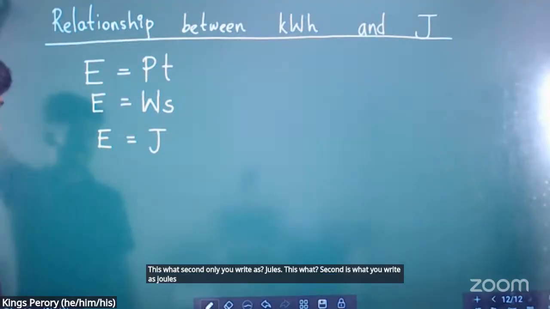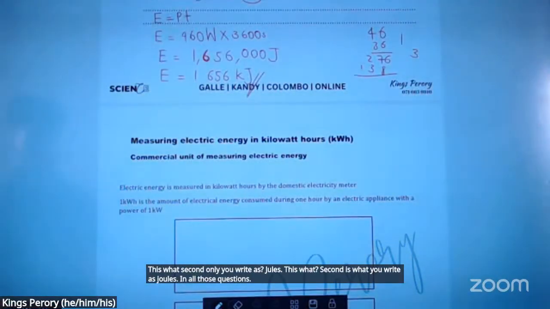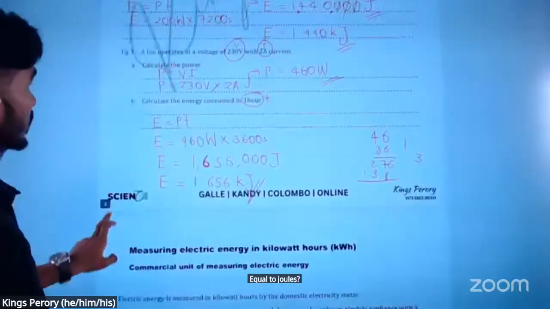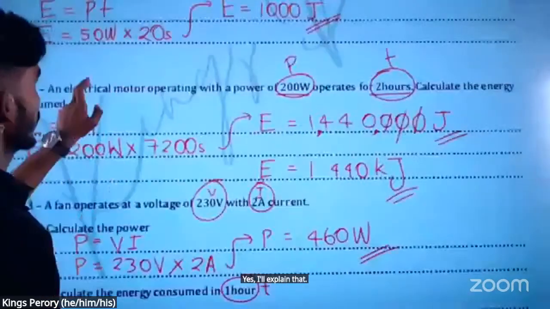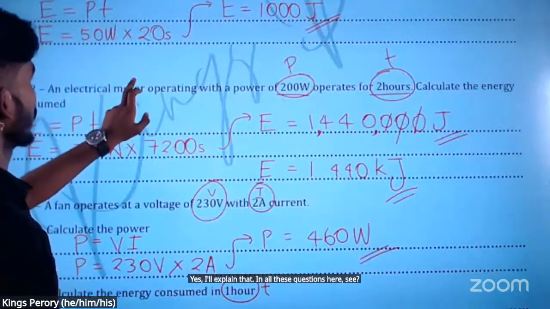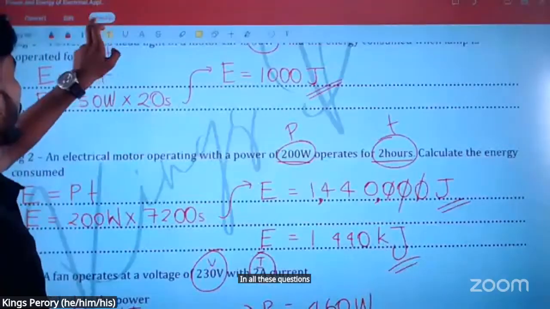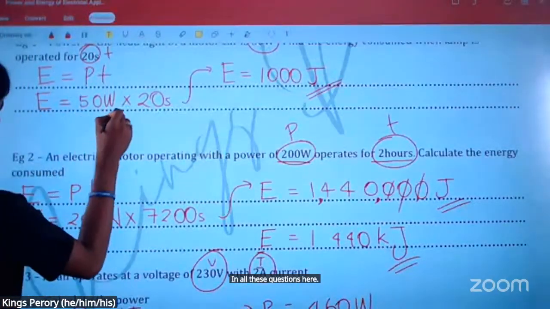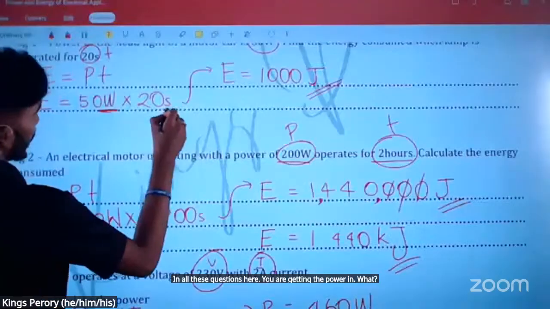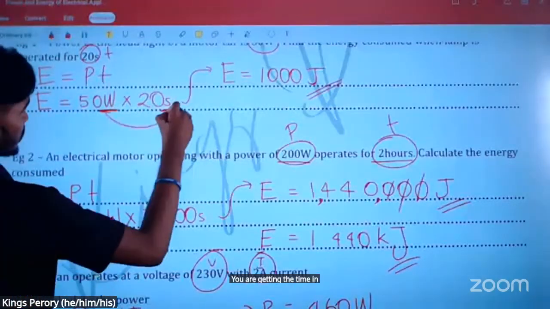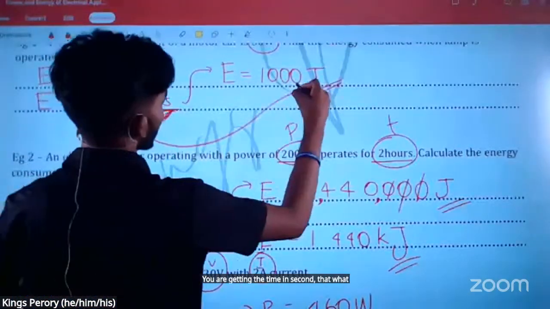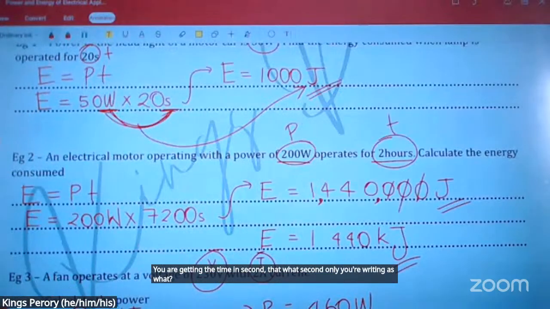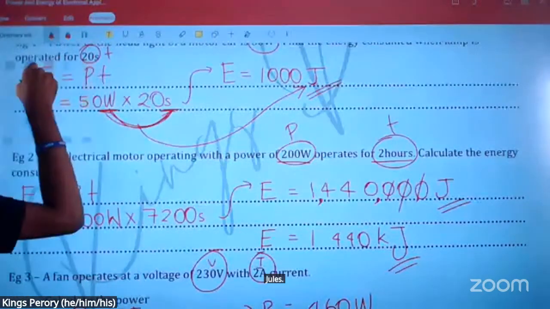In all these questions here, you are getting the power in watt, you are getting the time in second. That watt second only you are writing as joules.